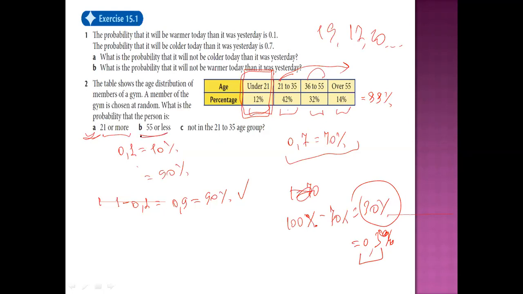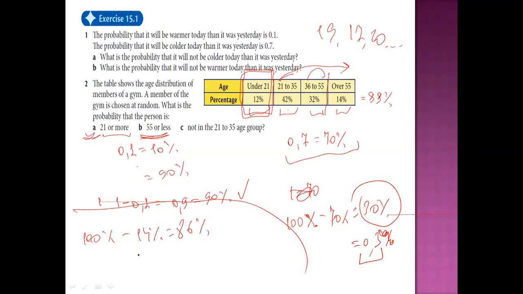And the second question, B: 55 or less than 55. Over 55 was 14%, and I'm writing here 100% minus 14% is equal to 86%.